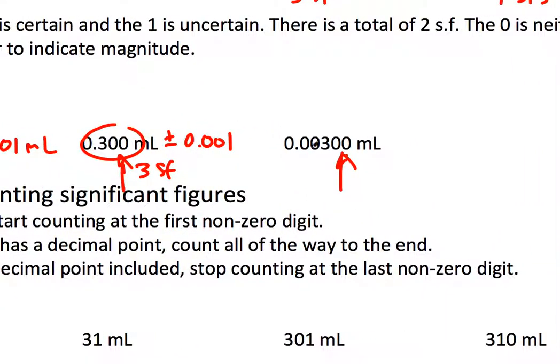Okay, and then here, this is sort of tricky because there's zeros everywhere. These zeros do count. Okay, so this one is the estimated value. And the sig figs on this are only the 3 and the 2 zeros at the end. These zeros only hold the place of this number, meaning it tells me it's in the thousandths place, but it doesn't tell me these zeros were measured values or estimated values.